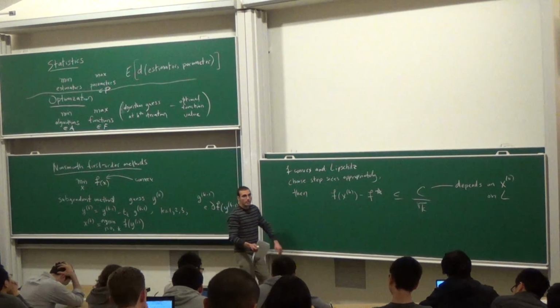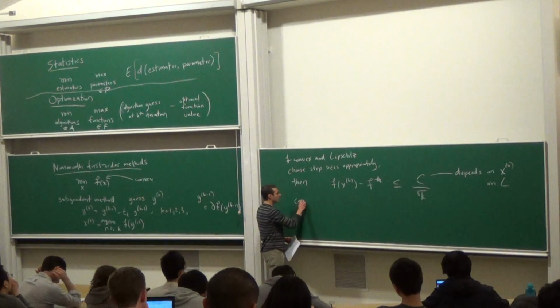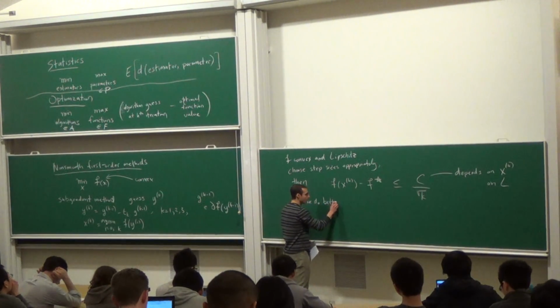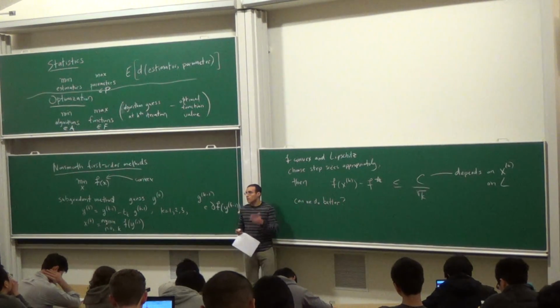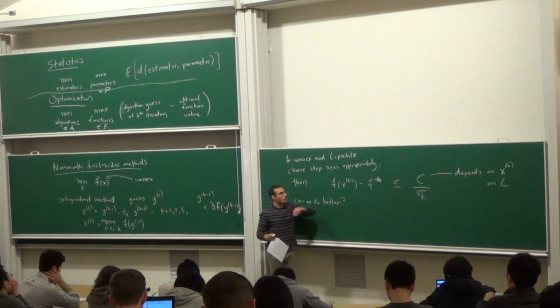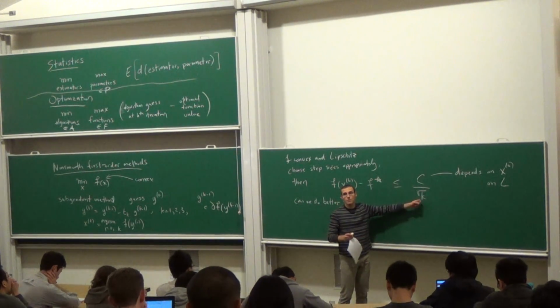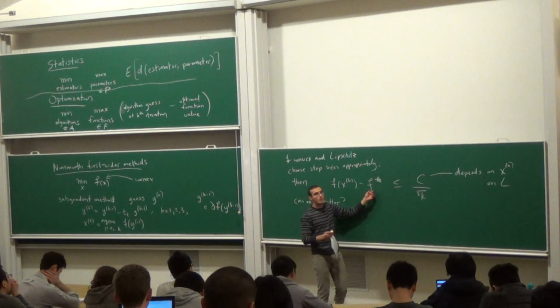Okay, so the question we're asking now is, can we do better? Is there some method that can minimize the function faster than 1 over the square root of k if the function is convex and Lipschitz?